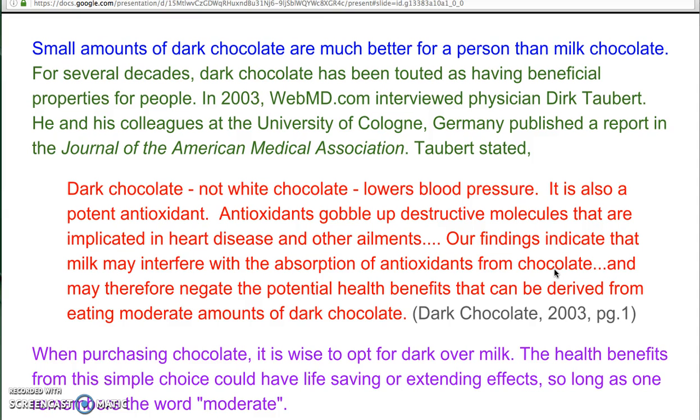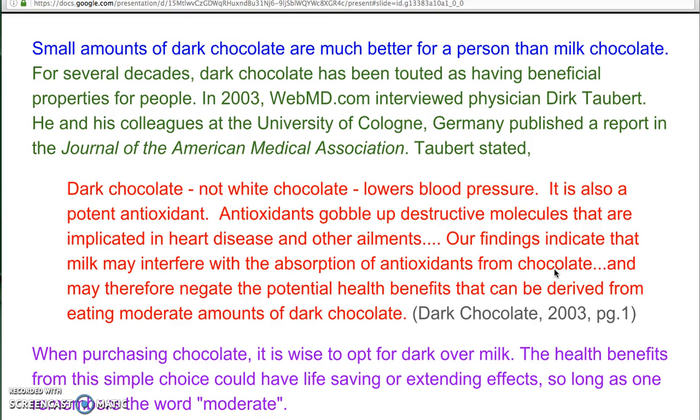Small amounts of dark chocolate are much better for a person than milk chocolate. For several decades, dark chocolate has been touted as having beneficial properties for people. In 2003, WebMD.com interviewed physician Dirk Taubert. He and his colleagues at the University of Cologne, Germany, published a report in the Journal of the American Medical Association. Taubert stated, "Dark chocolate, not white chocolate, lowers blood pressure.